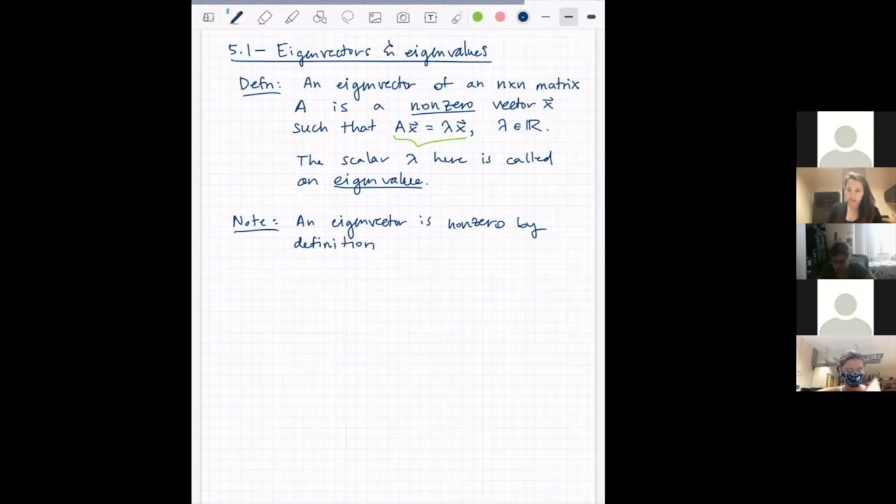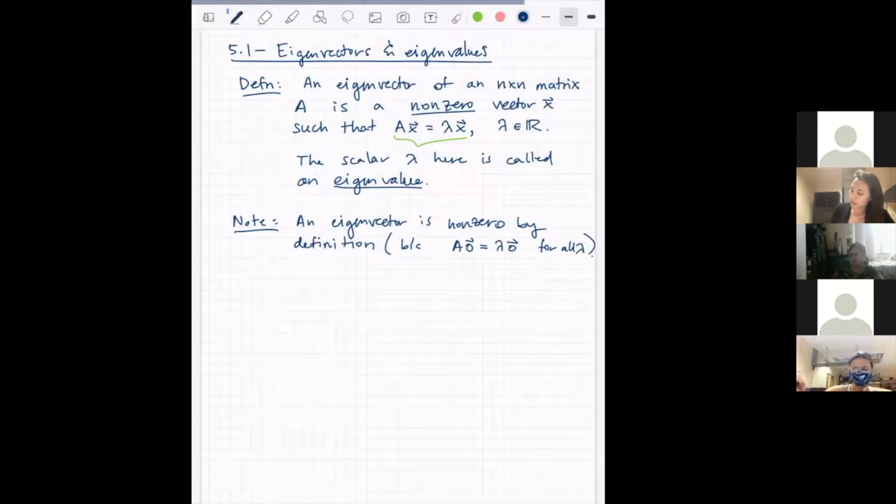And this is because if we look at A times 0 equals lambda times 0, from our definition of eigenvector, then this is true for all lambda. So the question is, what is the eigenvalue in this case? It's not really well defined. It can be anything. So it's not really what we would consider an eigenvector.